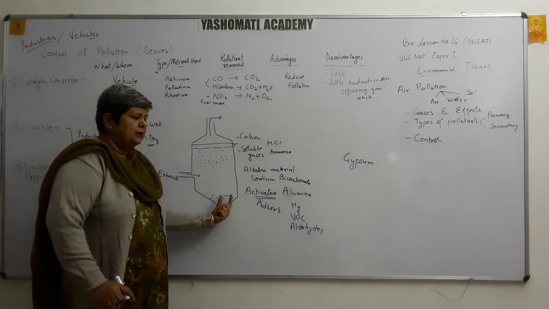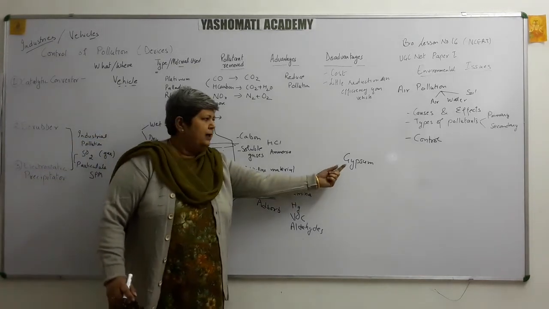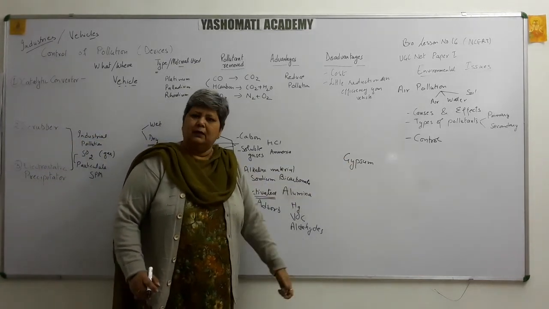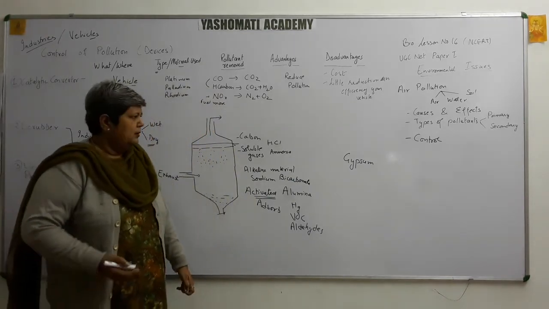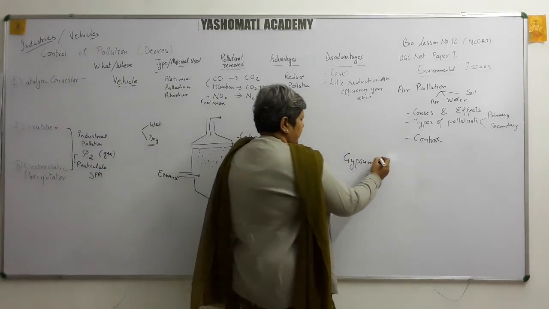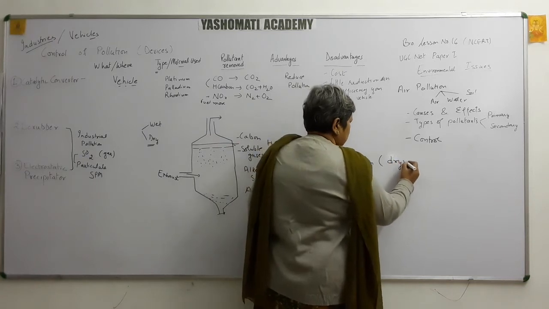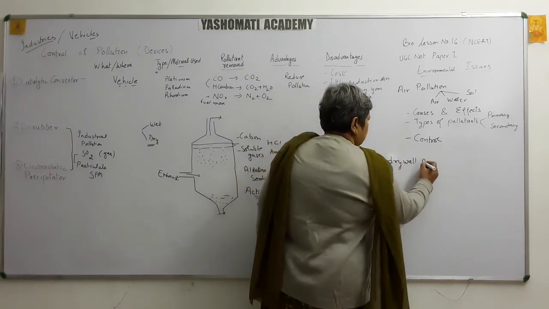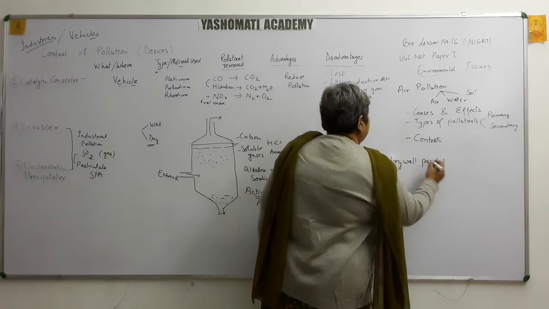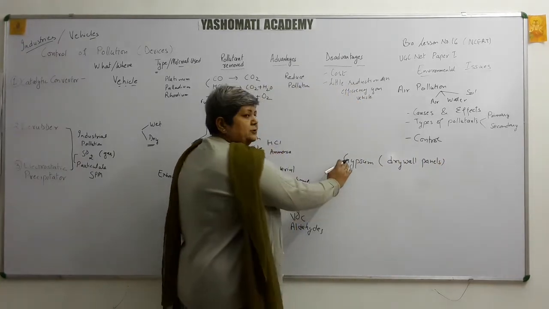Out of this material you can get gypsum, and that can be used for making some industrial products also. For example, it can be used for making dry wall panels, right. So that is another advantage of this.